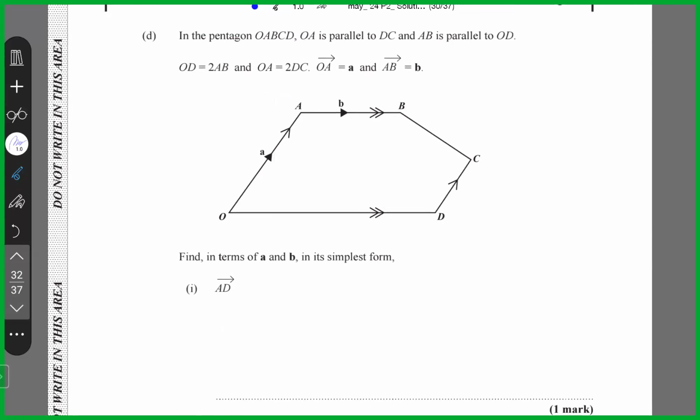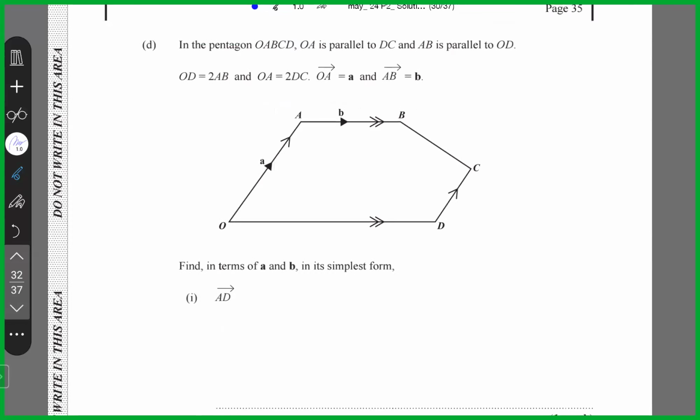D, in the pentagon OABCD, OA is parallel to DC, AB is parallel to OD, OD is equal to 2 times AB.